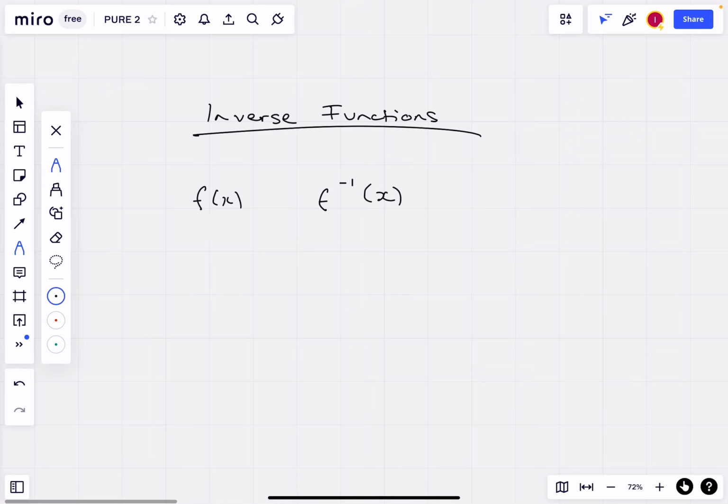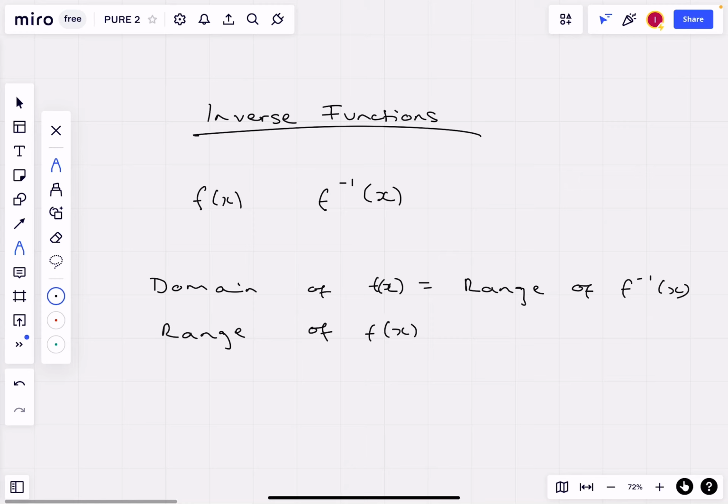And they're inverses of each other, they're opposites, which means the domain of f(x) is the range of f^-1(x), and vice versa. The range of f(x) is the domain of f^-1(x).